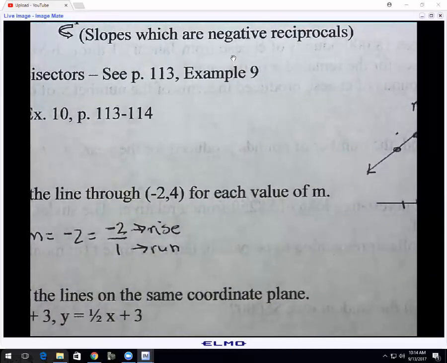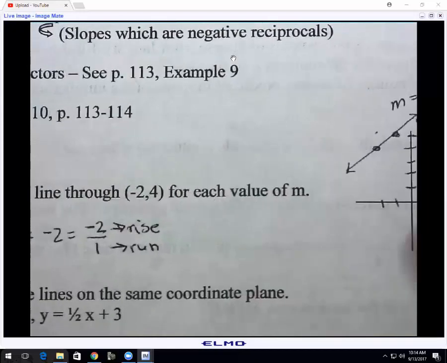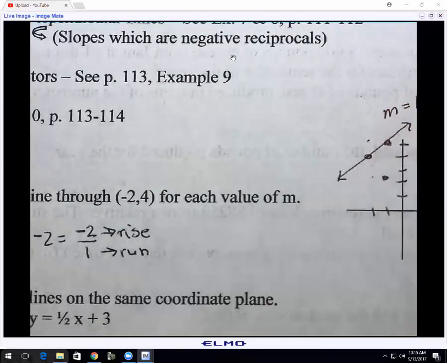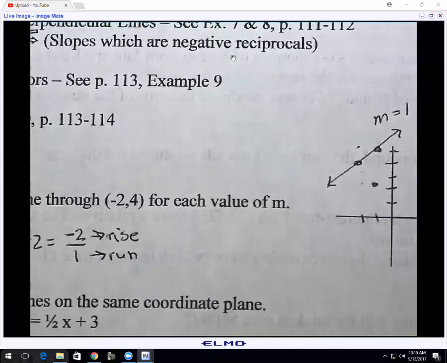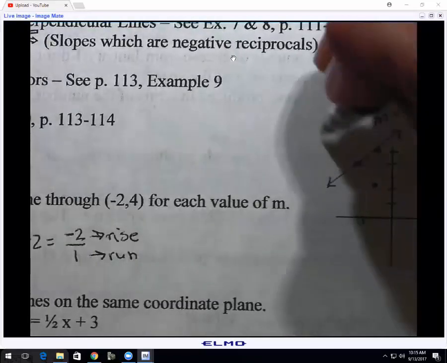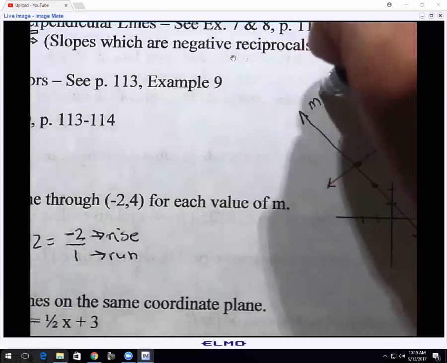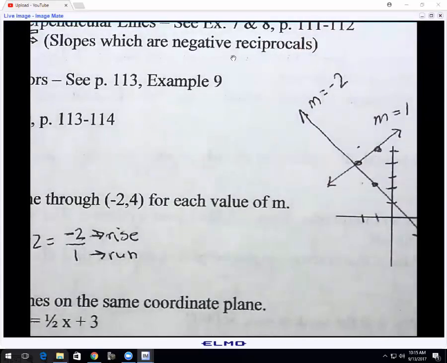It's a -2 over a +1. So I'm going to start here and go down 2 in the direction of a +1 right there. And that's my line with a slope of -2.